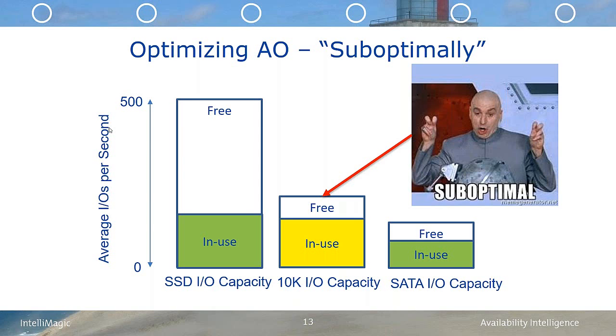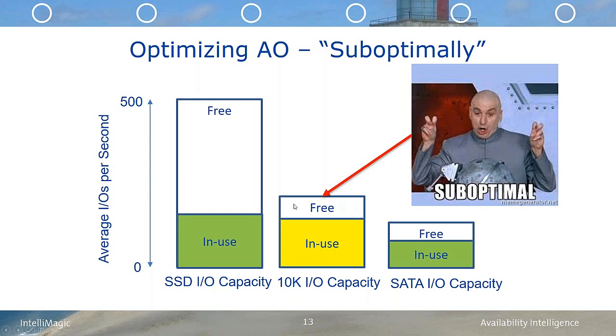In this next screen, I'm actually going to show you some balance charts, and I'll explain those when I get to them. But what I want to show in this chart is, if you think about your different tiers, let's say this first tier is the SSD I/O capacity, and on average you could do, let's just say, 500 IOPS per second per SSD.